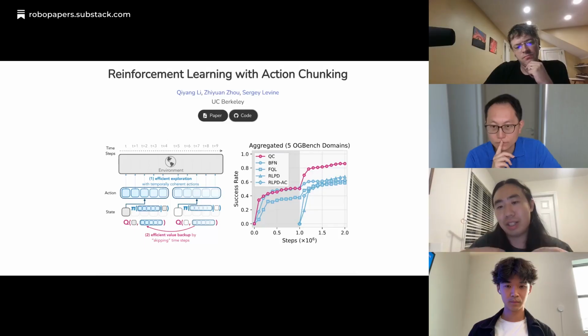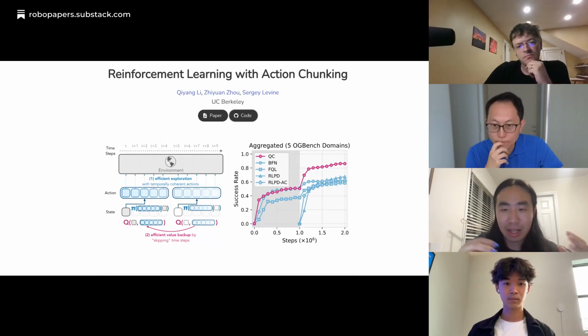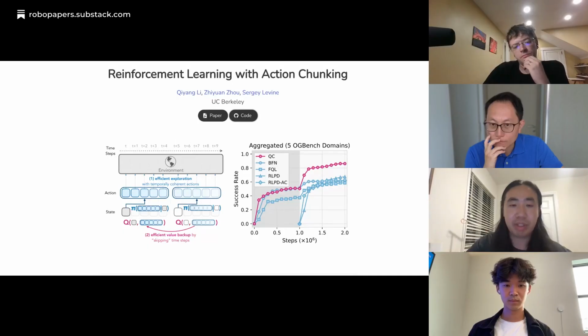Offline RL is the setting where you learn directly from offline data without any online interaction. And action chunking RL really shines in the online case, which is the second half of the plot on the right-hand side, where the action chunking policy outperforms previous non-chunked baselines by a lot.